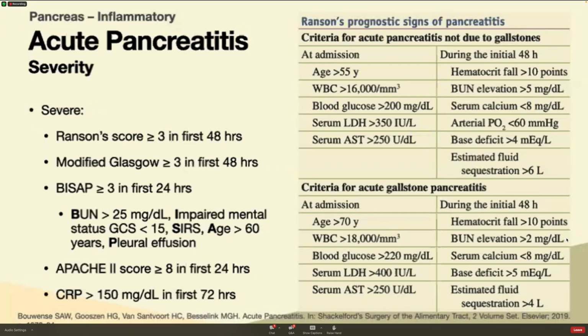Based on the Ranson's criteria, if you have a score of 0 to 2, there's around 1% mortality, but when you have a score of 3 or more, the mortality rate jumps. At a score of 3 to 4, there's already a 15% mortality. 5 to 6, there's a 40% mortality, and with a score of greater than or equal to 7, there's a 100% mortality.